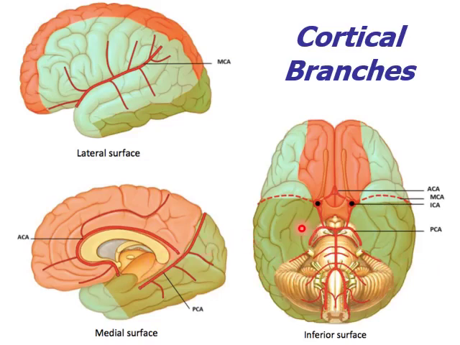Also, it supplies the inferior surface of the brain just beyond the tip of the temporal pole. The area in front of the temporal pole is divided between the anterior and middle cerebral, whereas the area just beyond the tip of the temporal pole is supplied by this posterior cerebral artery.